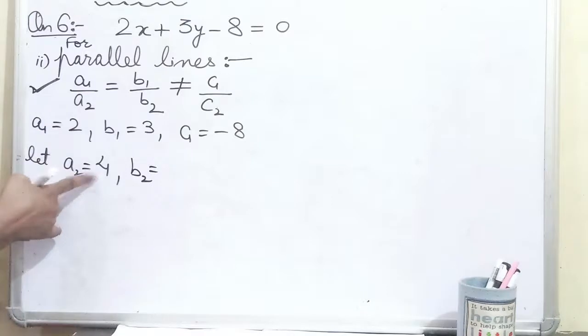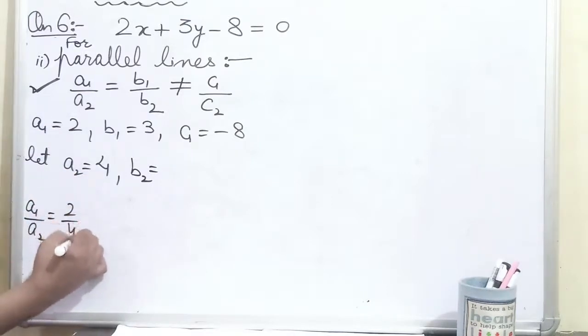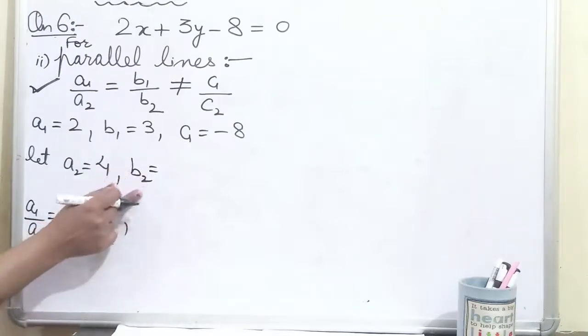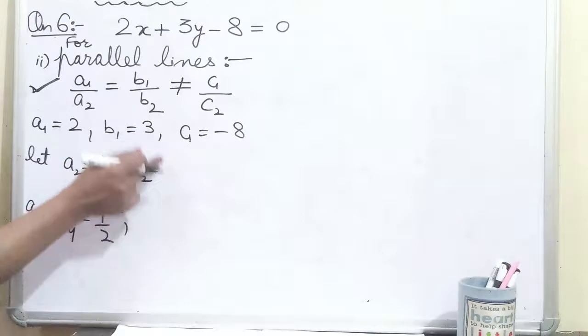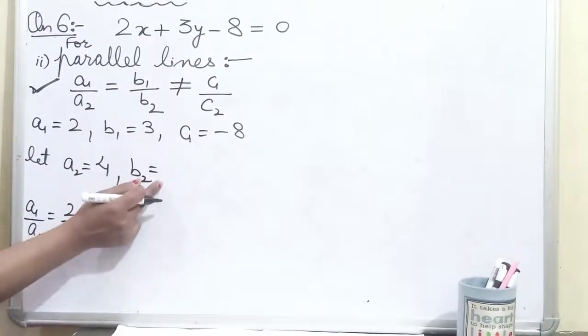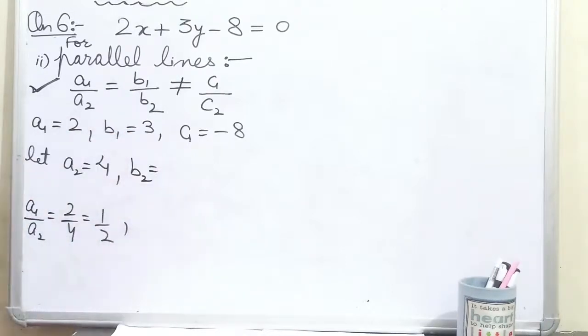A1 by A2 will be 2 by 4, that is 1 by 2. Now we have to take B2 in such a way that the ratio of B1 by B2 should be equal to A1 by A2. If B1 is 3, what should be B2? 6.